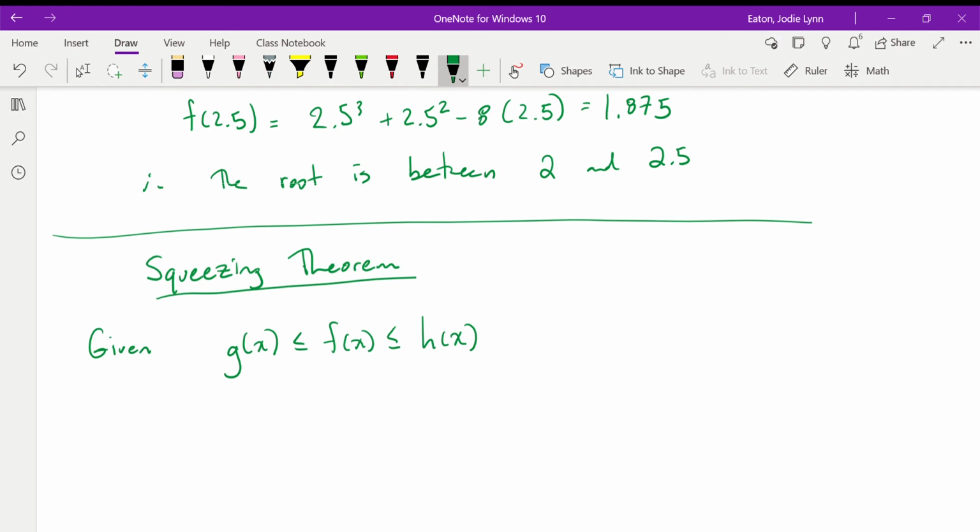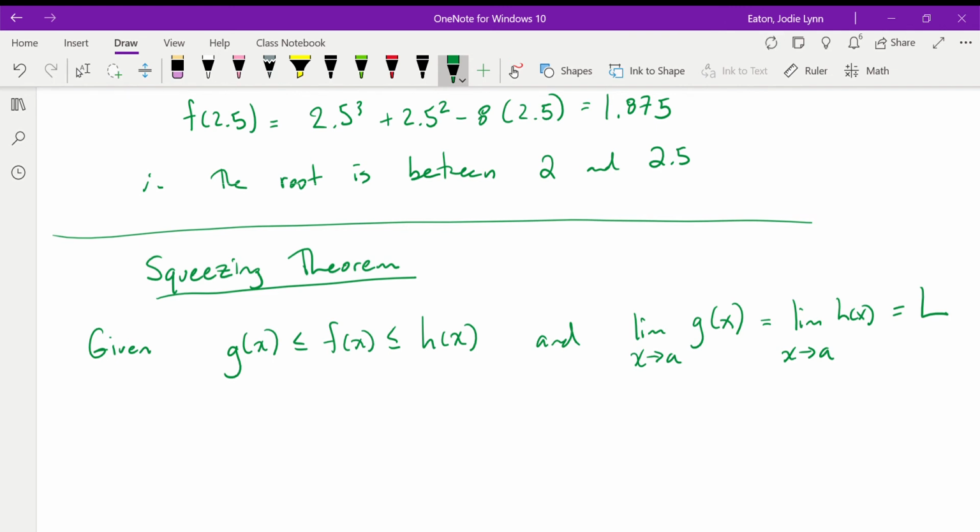Okay, and we can also say that the limit as x approaches a of g of x equals the limit as x approaches a of h of x equals some L. So that at a certain point, g of x and h of x have the same limit.